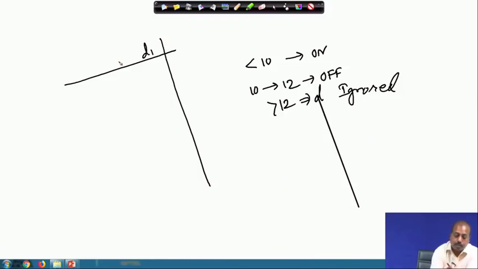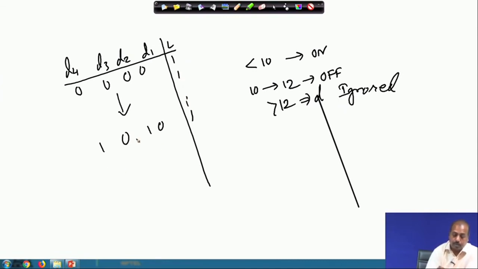Then the truth table that we were drawing previously: D1, D2, D3, D4, and this is the light. From 0 0 0 0 up to 1 0 0 1, that is up to 9, the light value should be 1.